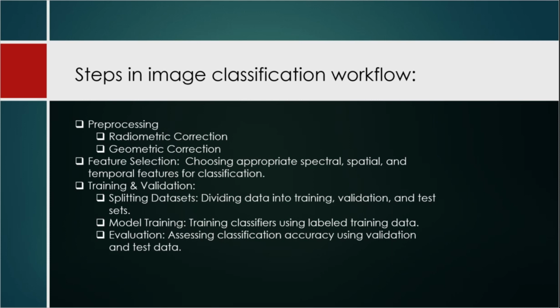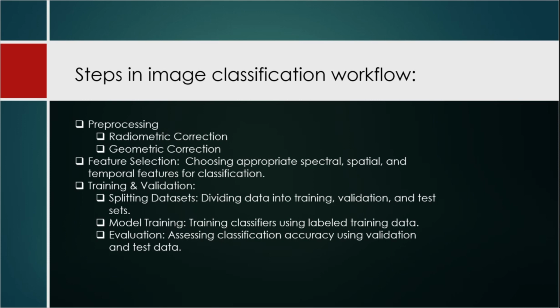So the steps in the image classification workflow include, number one, pre-processing, which I discussed earlier is really important. So any radiometric correction, geometric correction, atmospheric correction, that all needs to be done prior to analysis. And then you have feature selection, which is the step in choosing appropriate spectral, spatial, and temporal features for classification.